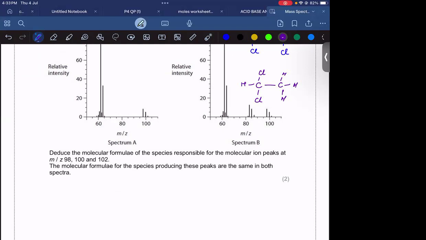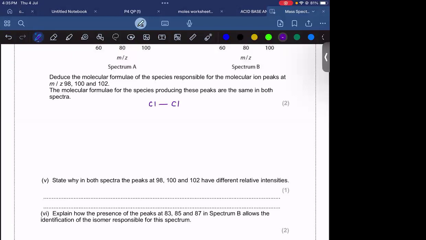If I ask how many peaks would be there if you have chlorine introduced into the mass spectrometer: chlorine has 2 isotopes. Maybe both chlorine atoms are 35, 35. Maybe both atoms of chlorine are 37, 37.